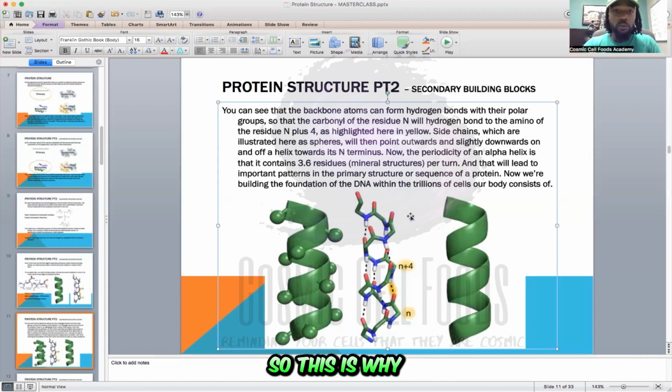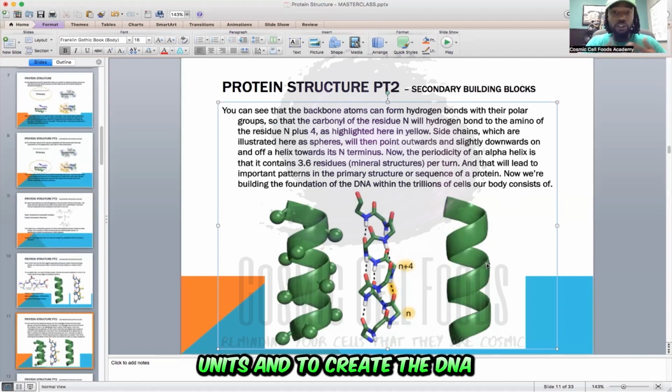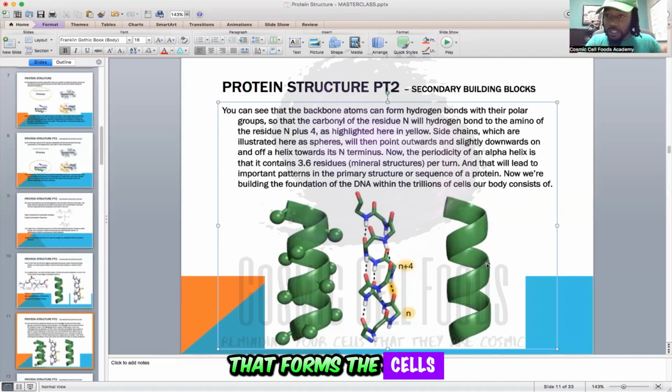This is why Sebi used to say the body contains 102 minerals. And when just one of those minerals is deficient, we are susceptible to disease. Just think, if nitrogen or oxygen was missing from this mineral structure, this alpha helix would not be able to function properly to create your cells. You get what I'm saying? To create the DNA that forms the cells.